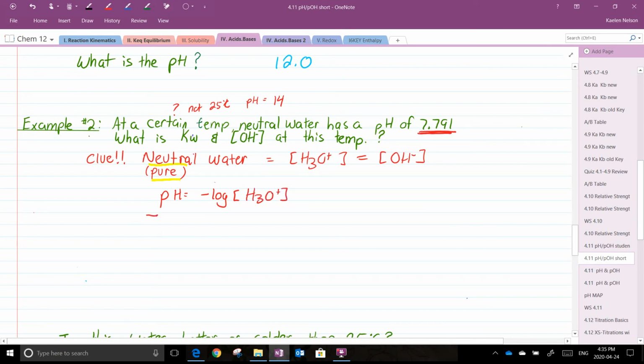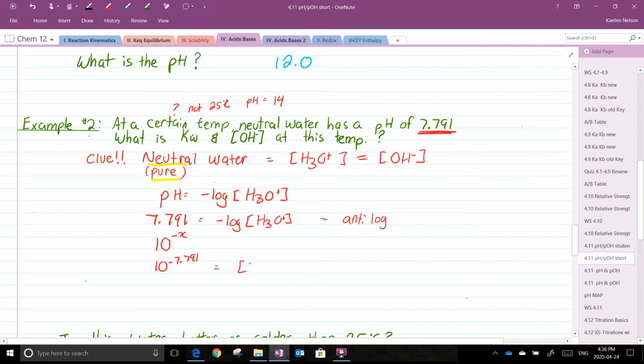So pH is going on the opposite side of the equal sign. Oops, sorry, that should be 0.1. From my log, which means on my calculator, I'm going to have to do antilog. Or when I put this into my calculator, it's going to be 10 to the negative x, or 10 to the negative 7.791.